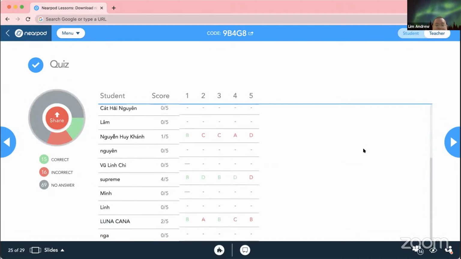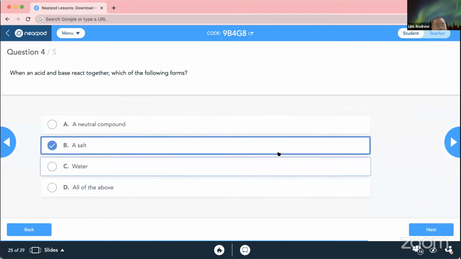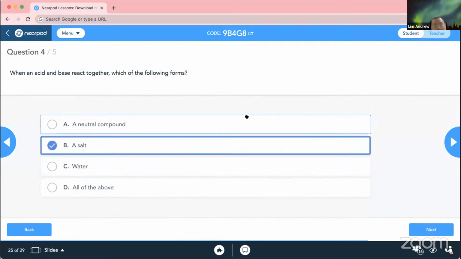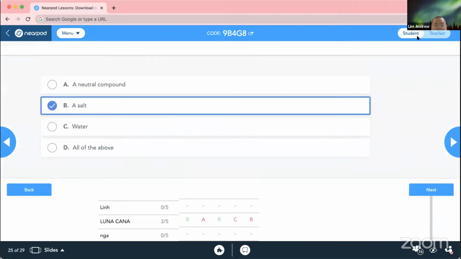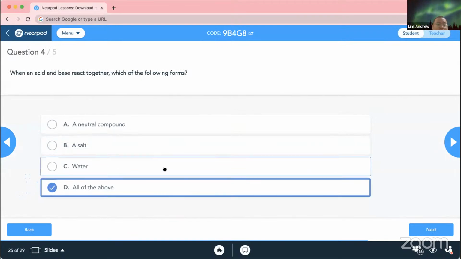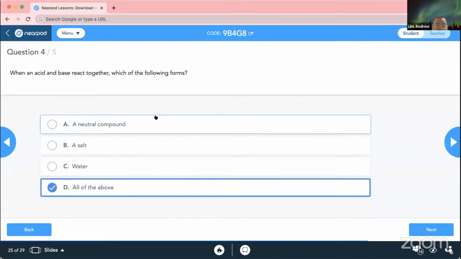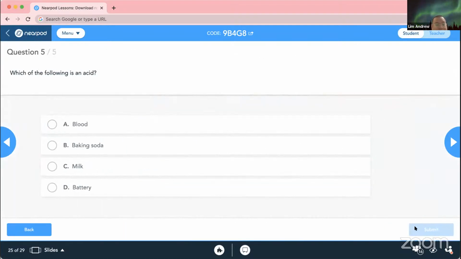So technically speaking, is it water or salt? Did anyone get it correct? Yes, Supreme got it correct. Well done. Because water is a neutral compound, that's why the products formed are water and salt.